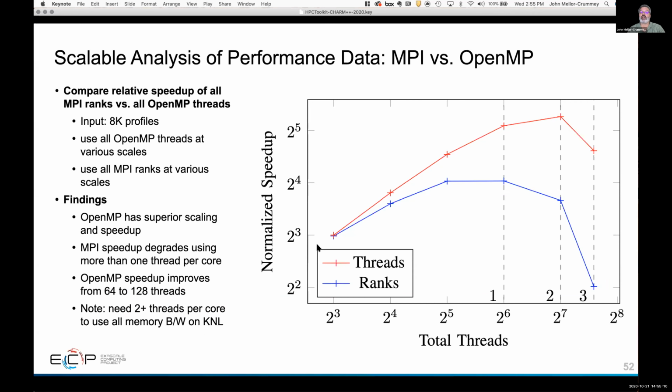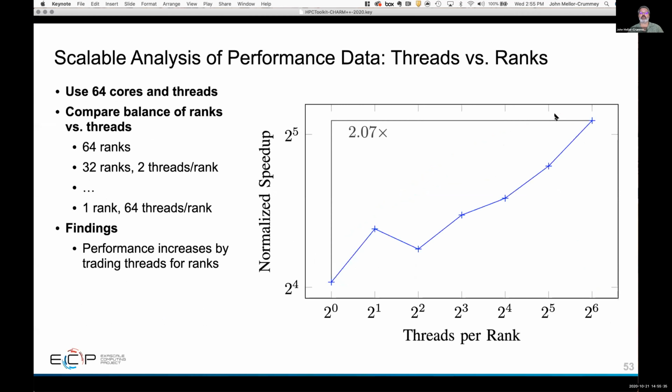These were done on a Knights Landing processor, which supports up to 256 threads. We saw performance improvements out to 128 threads, whereas the performance started to tail off by adding additional MPI ranks over 1 per core. This is 1 per core and 2 per core. So we're seeing some benefits in our threading model using the hyperthreading in the KNL processor.